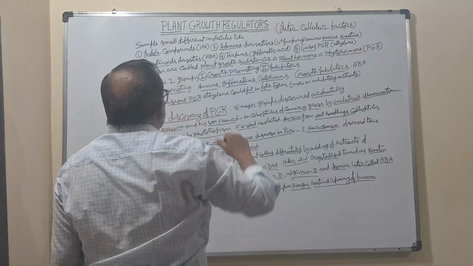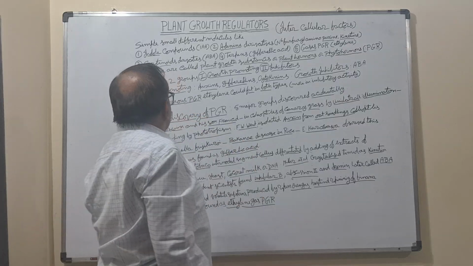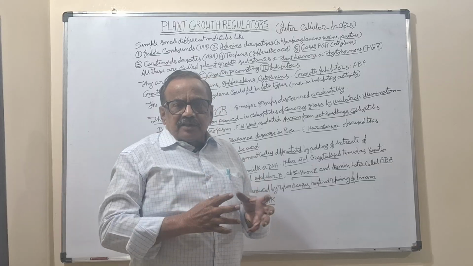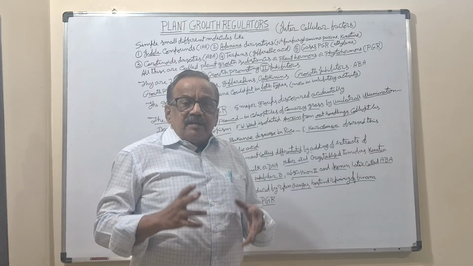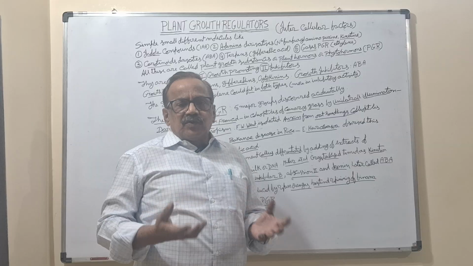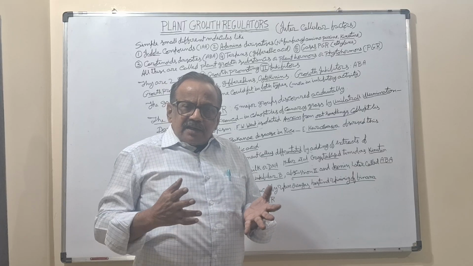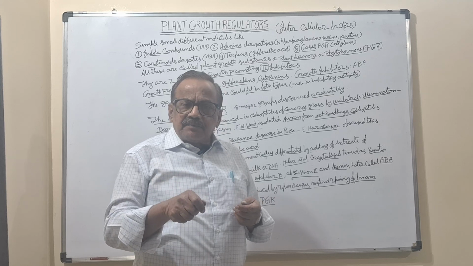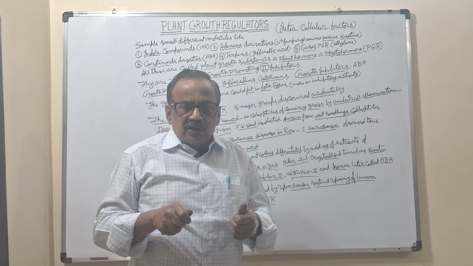Now we'll see that these five, which are the major groups, can be divided based on their function, positive or negative. When a car is going, the accelerator is most important, but the brake is also important.